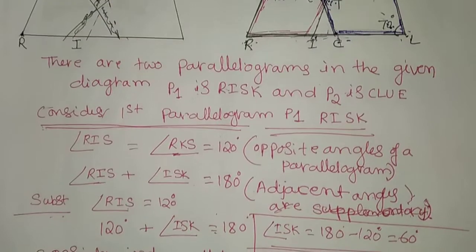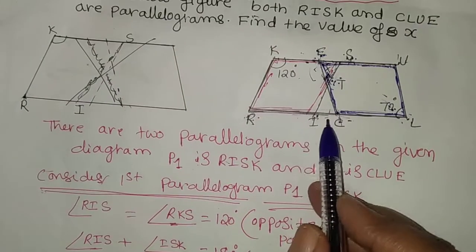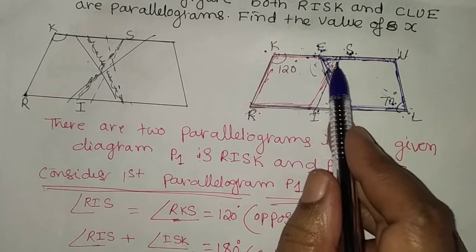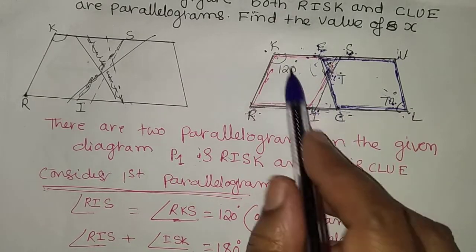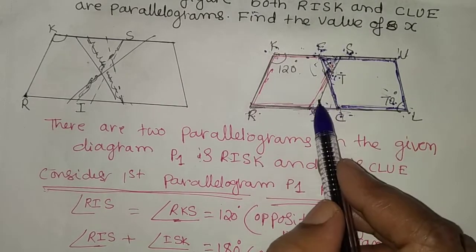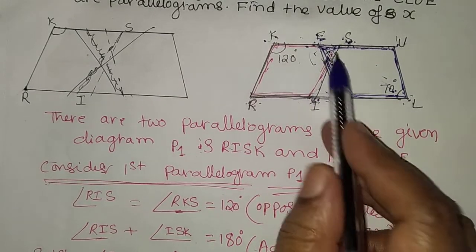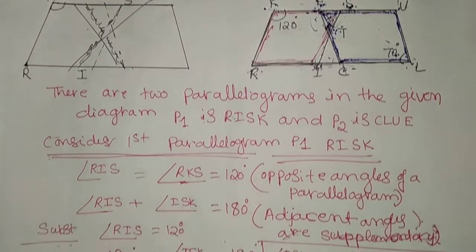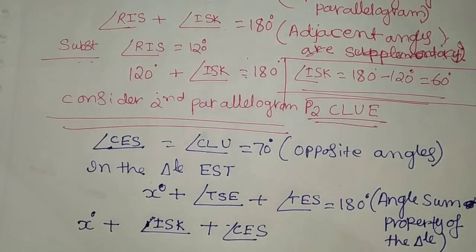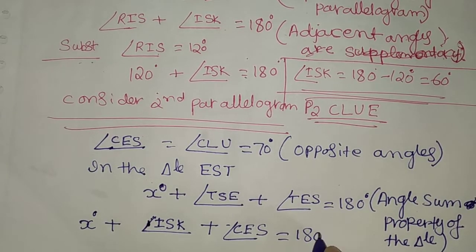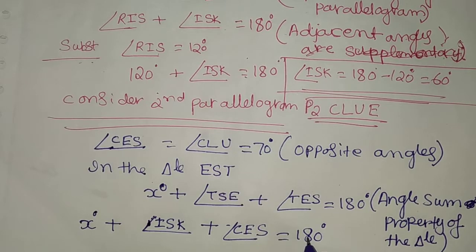See the diagram: ISK plus x plus, this also comes in these parallelograms, so we take ISK plus CES. So now this is equal to 180 degrees.